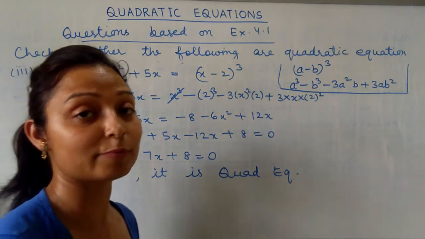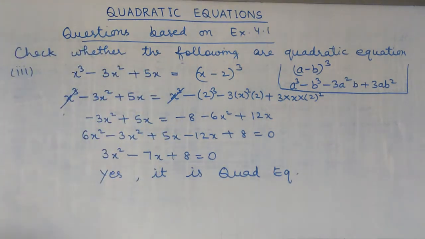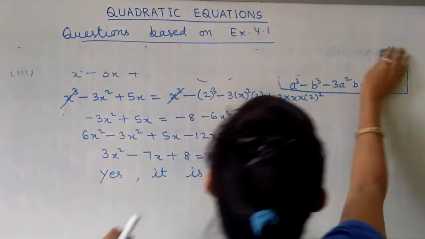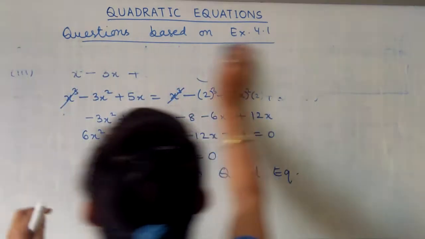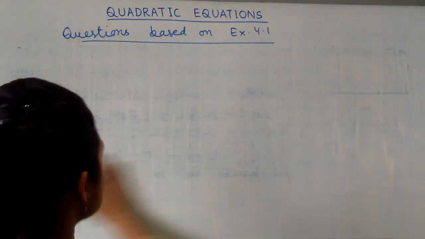This is the first type, based on the 4.1 exercise. Now one more question which I have to explain is different from this. Here you have to check whether it is a solution or not. So I will write that question.